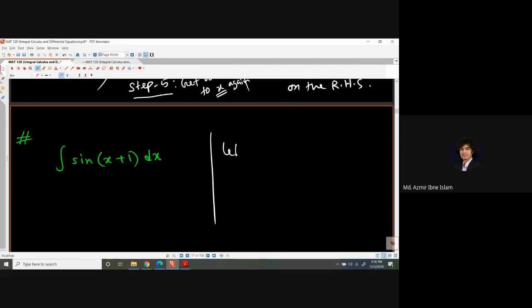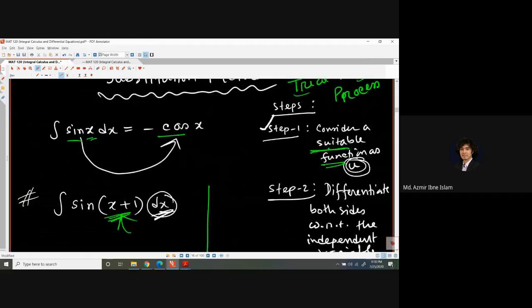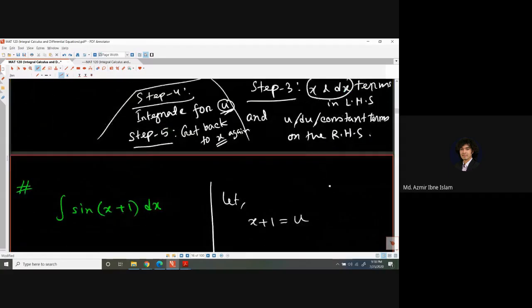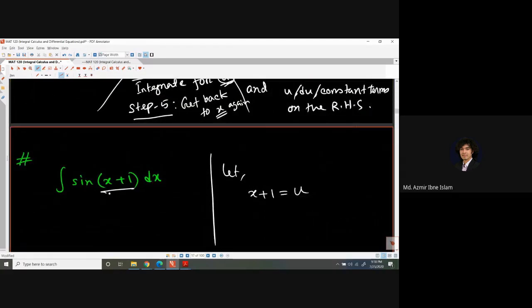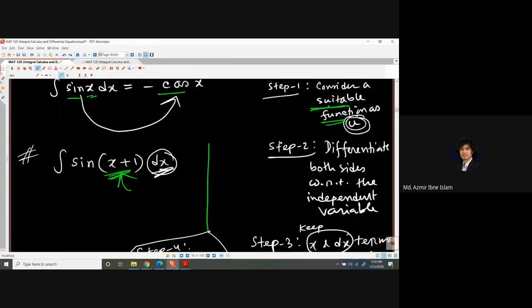So let's say we are taking x plus 1 as u. This is our first step. Step 1 says to consider a suitable function as u, but I have just taken a function from here. I am not sure if it is suitable or not. We will understand after finishing step 2 and step 3.